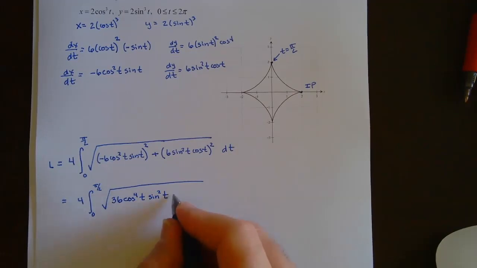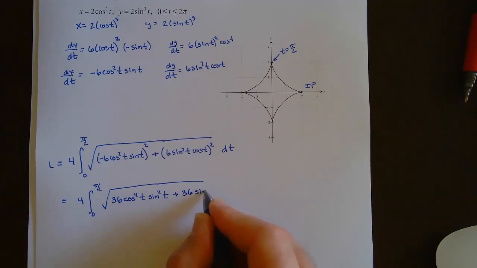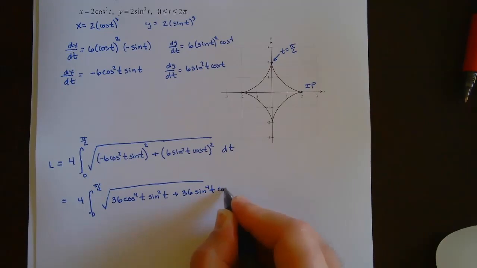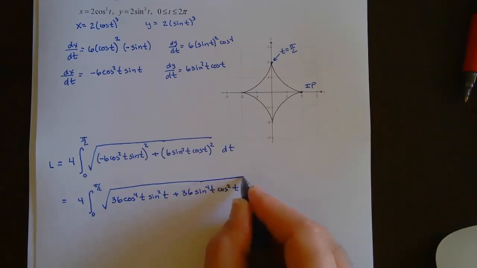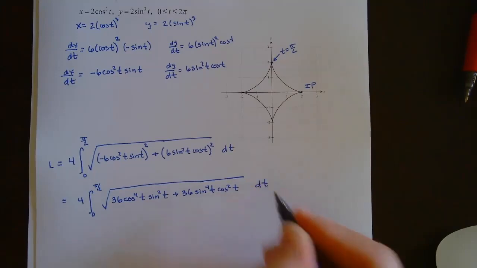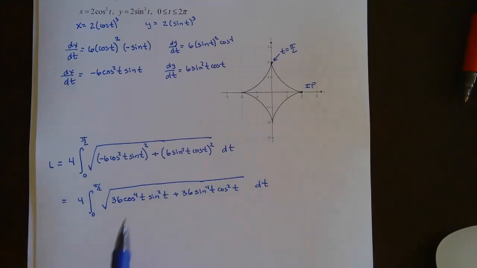Okay, and then plus 36 sine to the 4th t cosine squared t, and then dt.